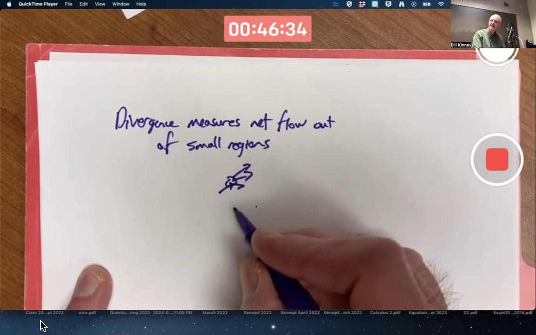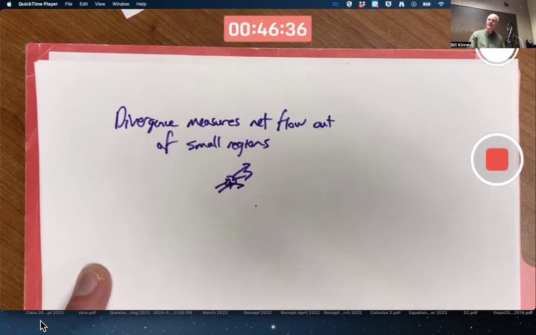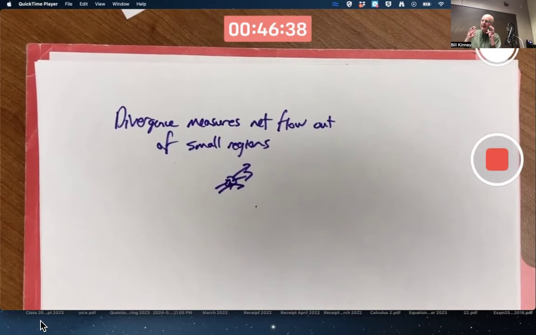Some of them might be pointing into the small region, some of them might be pointing out of it. If somehow this is reflecting more fluid flowing out than flowing in, then the divergence will be positive. If there's more fluid flowing in than out, then the divergence is negative. If the amount of fluid flowing in and out is the same, then the divergence is zero.